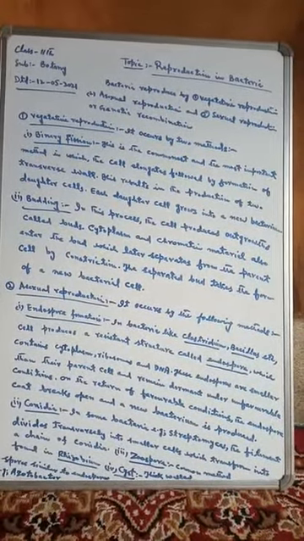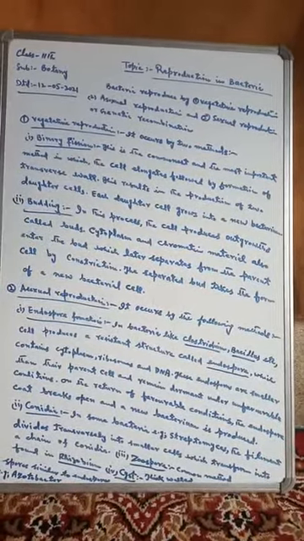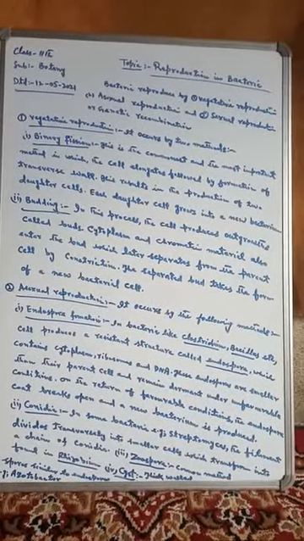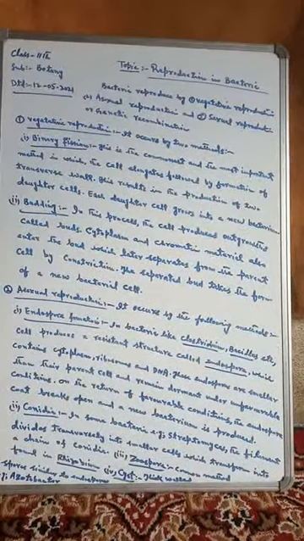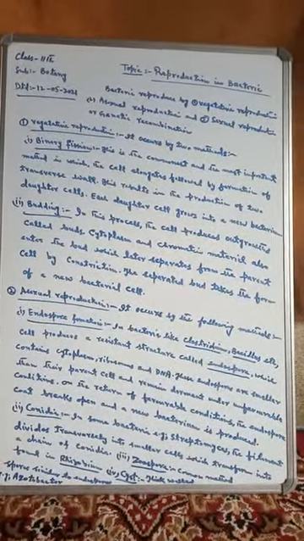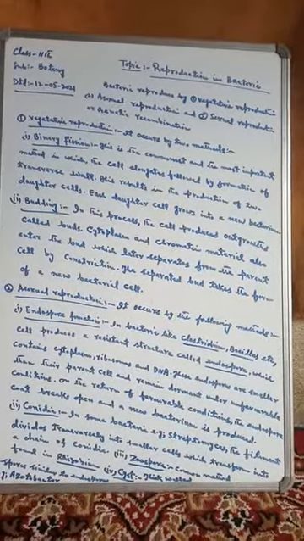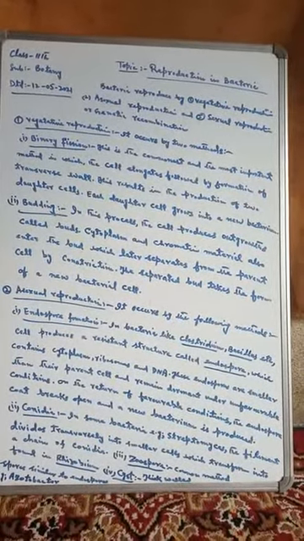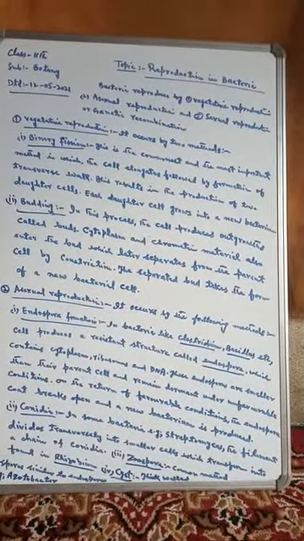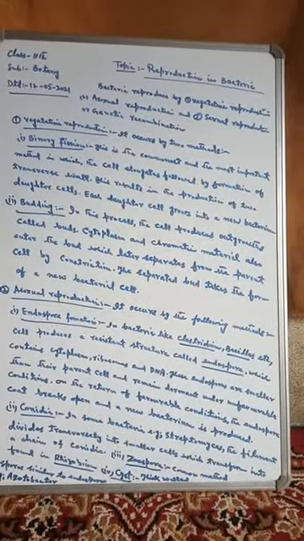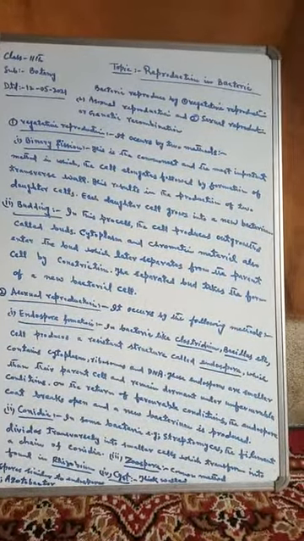Now, as far as the reproduction of bacteria is concerned, bacteria reproduce by the following methods. The first method by which the bacteria reproduce is the vegetative reproduction. Then the second method is the asexual reproduction, while the third one is the sexual reproduction or genetic recombination.